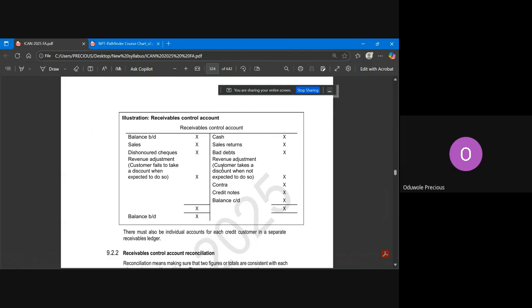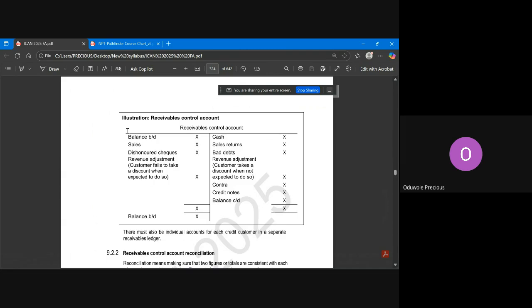When you check this format, the logic behind it is that anything on the debit side of the receivables control account will increase the debt.